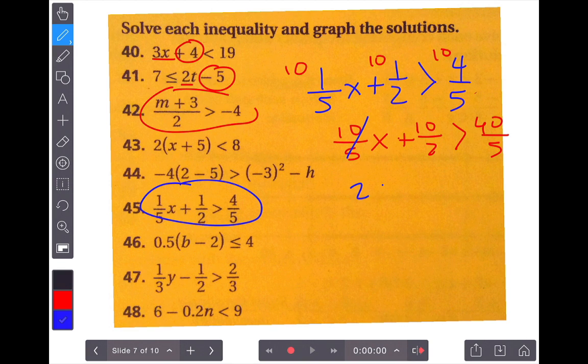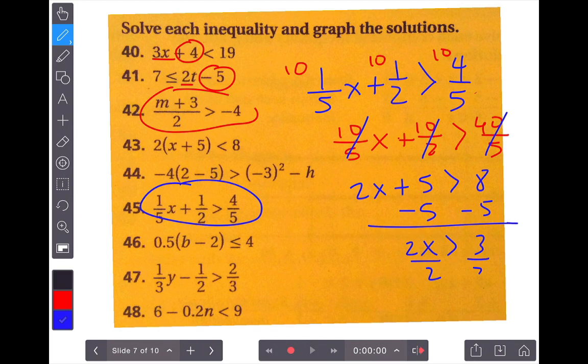This reduces to 2x. This reduces to 5. This reduces to 8. Now you have a two-step inequality where you subtract 5 from both sides, and you get 2x is greater than 3, and then divide by 2. So x is greater than 3/2. And then, of course, you would graph it. So put 3/2 there, put a circle, and it's greater than.